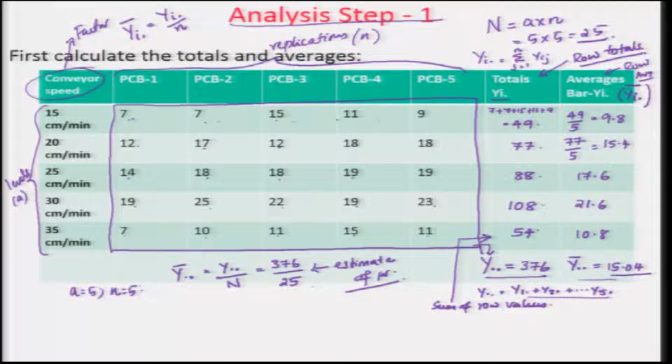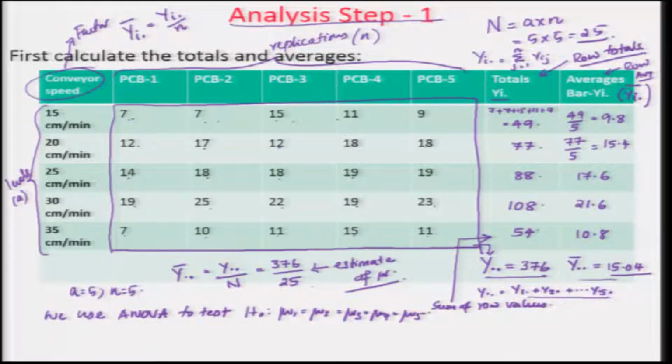Then we use ANOVA, analysis of variance, to test H0, which is mu1 equal to mu2 equal to mu3 equal to mu4 equal to mu5. This is your null hypothesis.